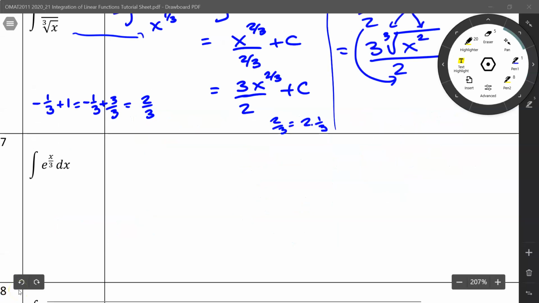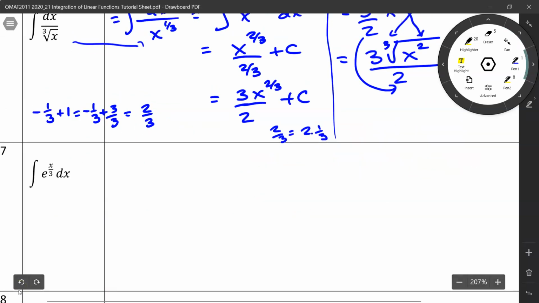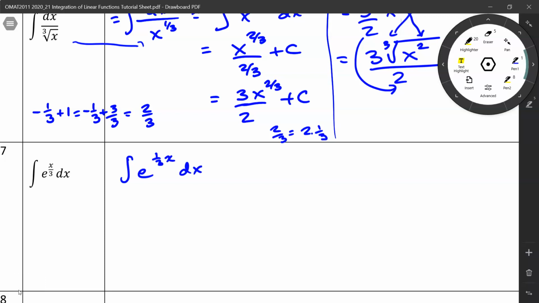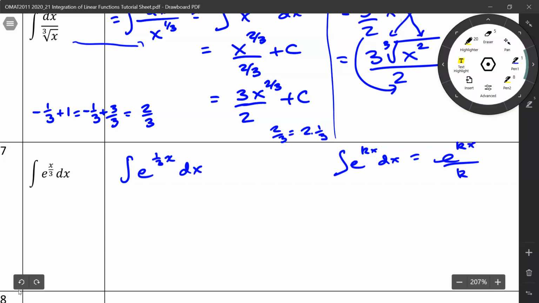This is the integral of exponential of 1/3 x dx. So it's x divided by 3, so it's x multiplied by 1/3. If we look at our formula in the maths tables, it says that the integral of the exponential of kx dx is equal to the exponential of kx divided by k.